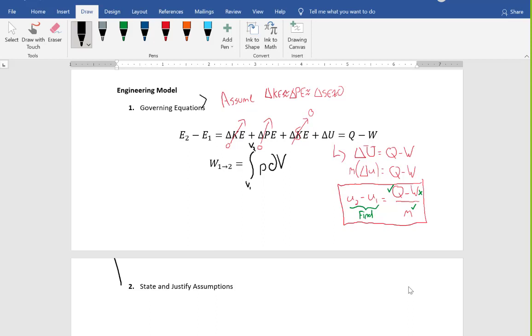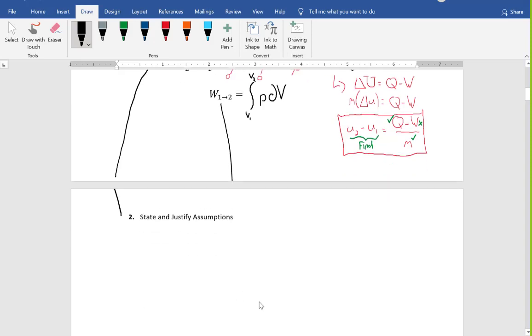I guess we're also assuming that it's a closed system. Because if it wasn't a closed system, we wouldn't be able to use this equation. So now I can put this in, and if I can find work, then I can get an answer.